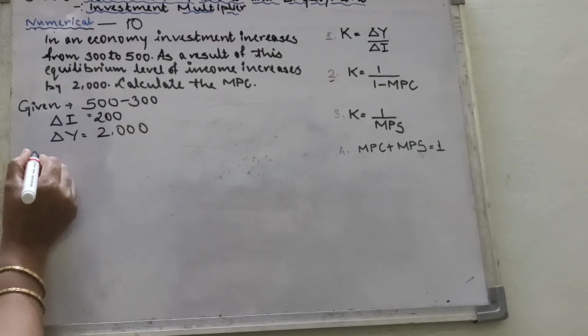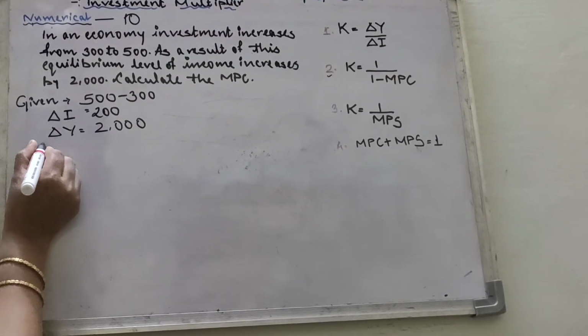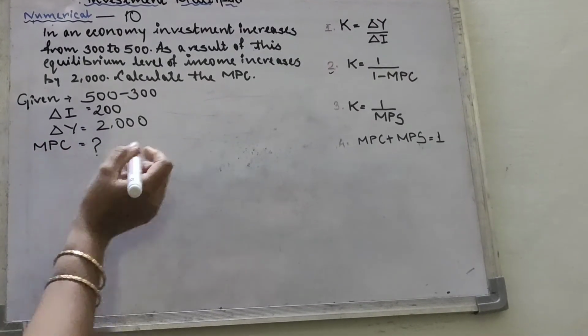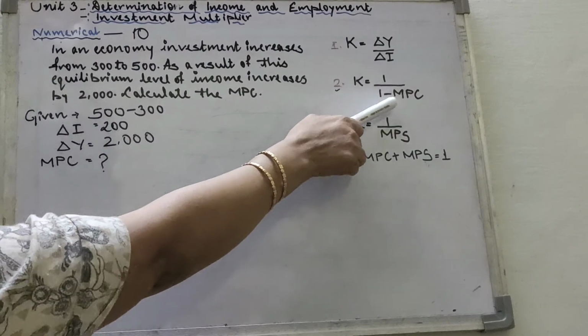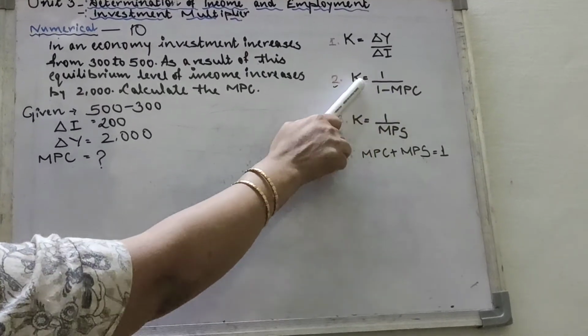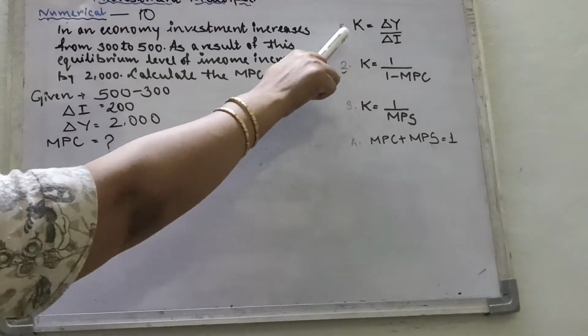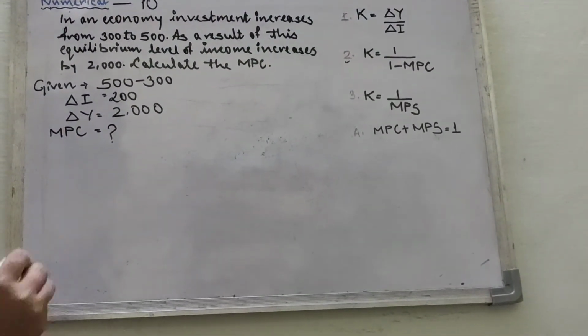What we have to find out? We have to find out MPC. Now see, in order to find MPC, we have to find the multiplier first. So we will use the first formula to find the multiplier.